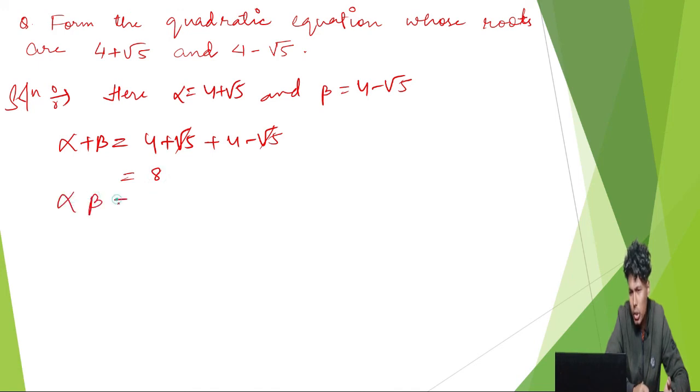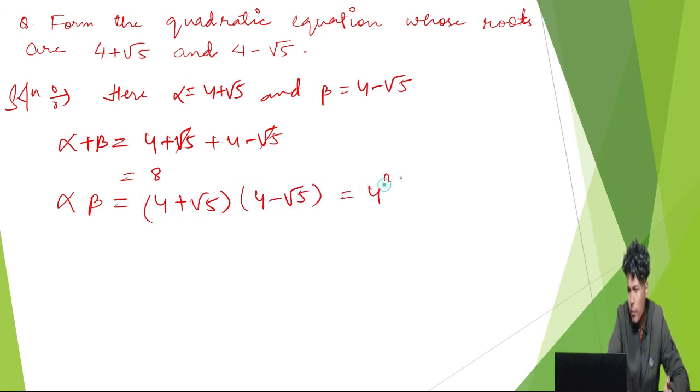Alpha beta is equal to 4 plus root 5 into 4 minus root 5. (a plus b)(a minus b) gives 4 square minus root 5 square, which is 16 minus 5, that is 11. We got 8 and 11.